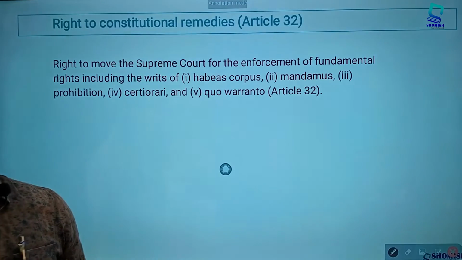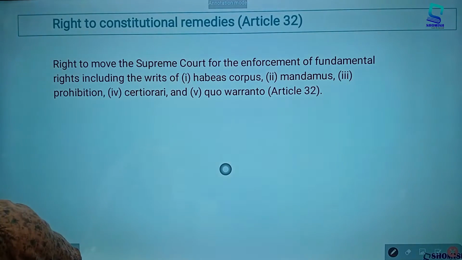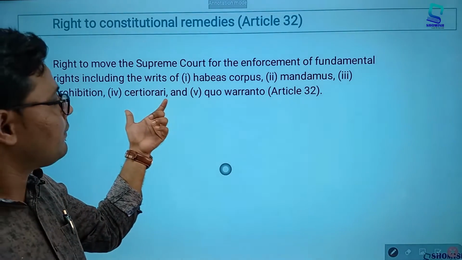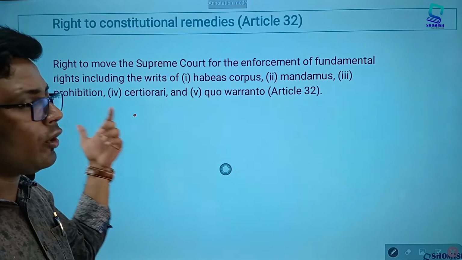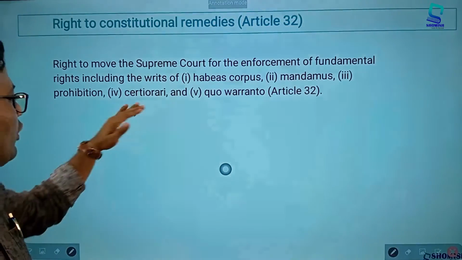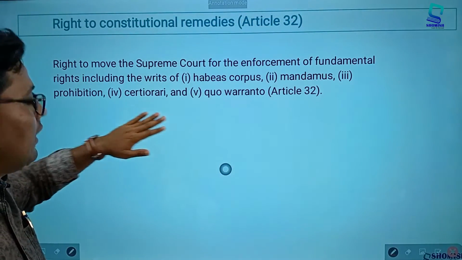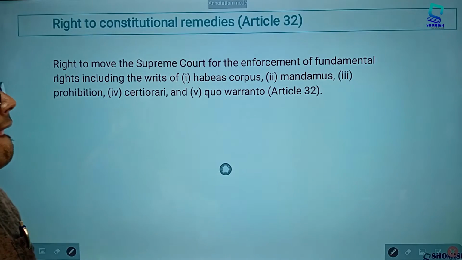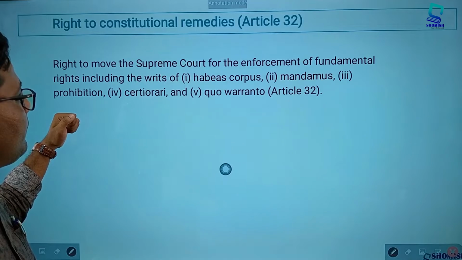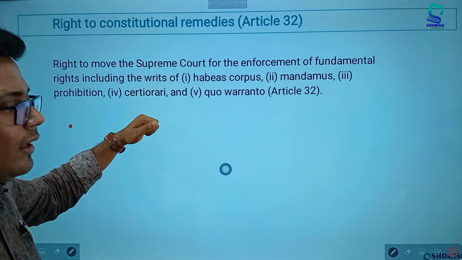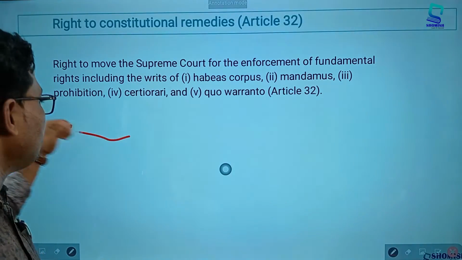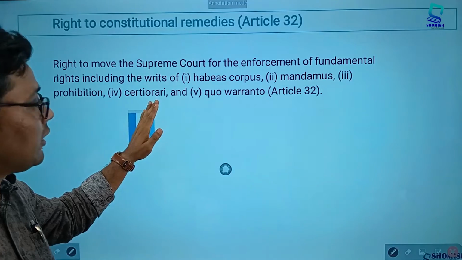Next, certiorari. Certiorari and prohibition are also similar. In case of prohibition, action is taken, and in case of certiorari, it is not only action taken against the court or the tribunal, but also recovery is given. It comes under certiorari.